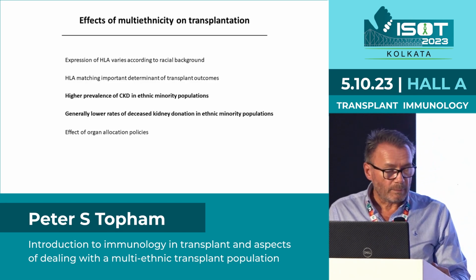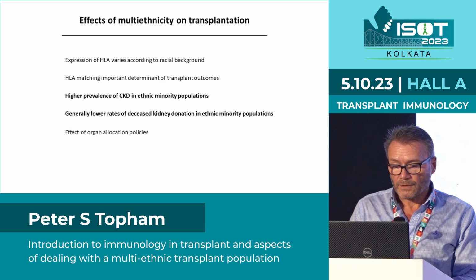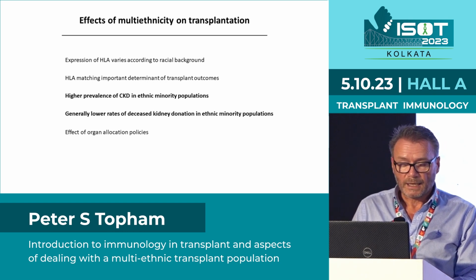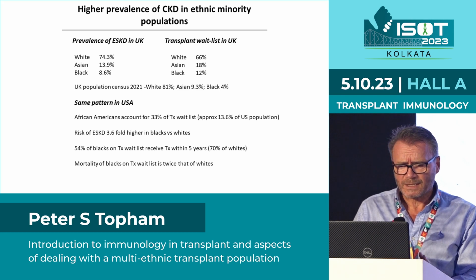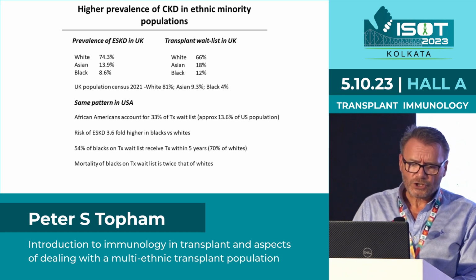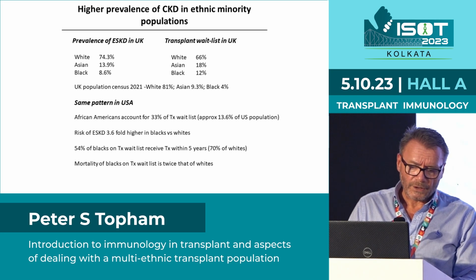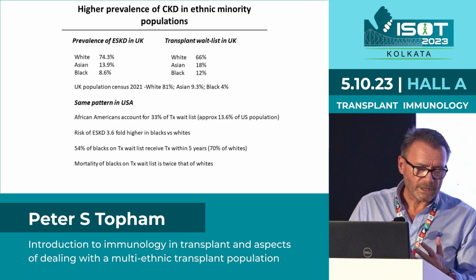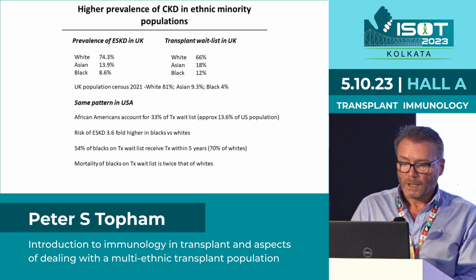The other issues that will impact on this are that there's a higher prevalence of chronic kidney disease in ethnic minority populations, and generally a lower rate of deceased donation in ethnic minority populations. Again, this is UK data showing the prevalence of end-stage kidney disease. 74% of the end-stage population is made up of white people, about 14% Asians, and about 8.5% black.